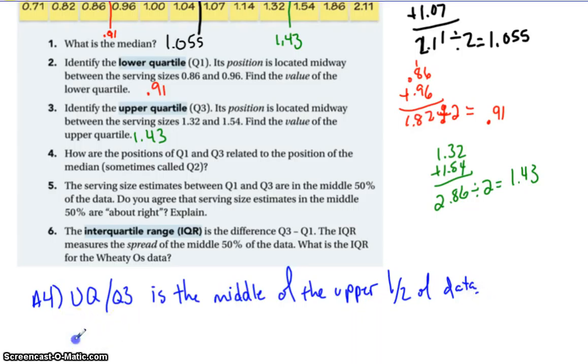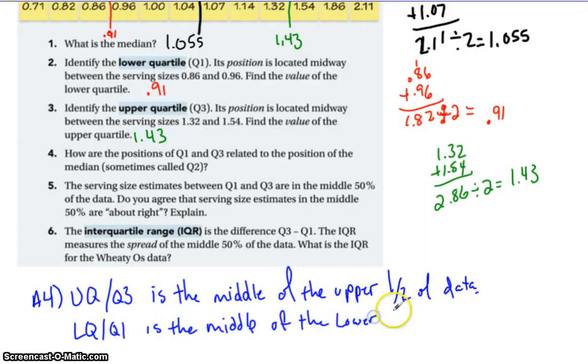Okay, and the lower quartile, or Q1, is the middle of the lower half of data. So essentially, the upper quartile is the median of the upper half, and the lower quartile is the median of the lowest half. Okay, so now we are going to go on to A5.